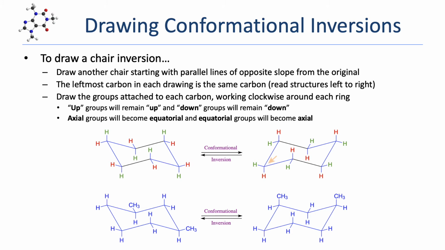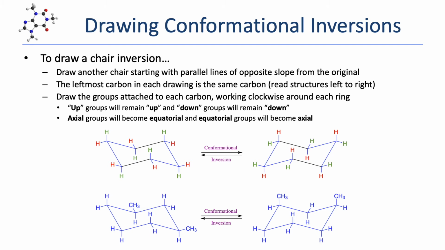We connect the higher ends with a V pointing downward and outward. We connect the lower ends with a V pointing upward and outward. And then we go ahead and add the axial positions straight up or straight down, and then the equatorial after that. So it's really the same process as drawing the original chair. We just have to start with our parallel lines having an opposite slope.